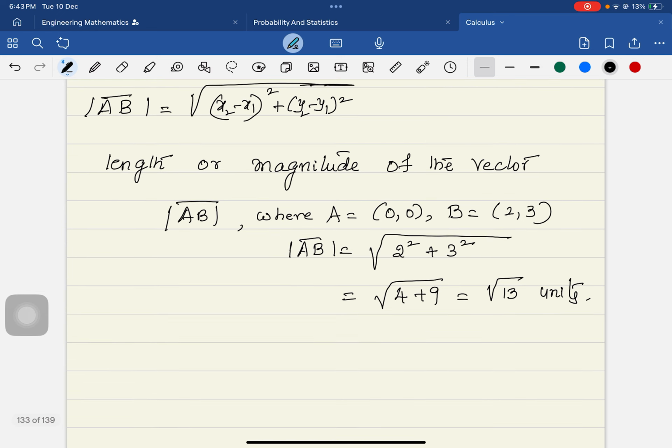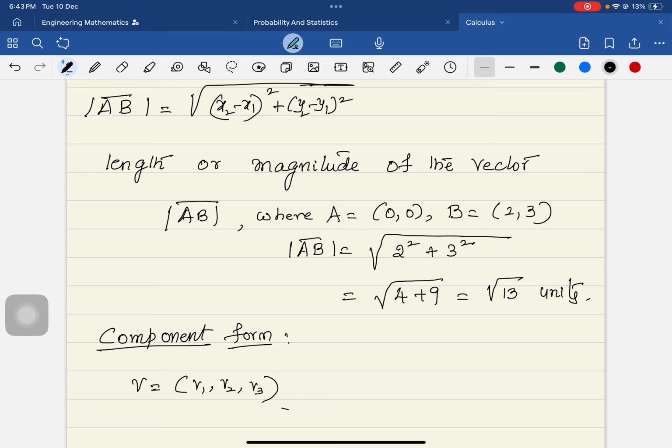So this is the length of the vector, and you know how to do the vector representation and what the magnitude or length of the vector is. So what is the component form? What do we mean by component, the x component, y component, and z component? Suppose the vector is in three-dimensional space, let us say. Then let us say v is equal to v1, v2, v3 is given.